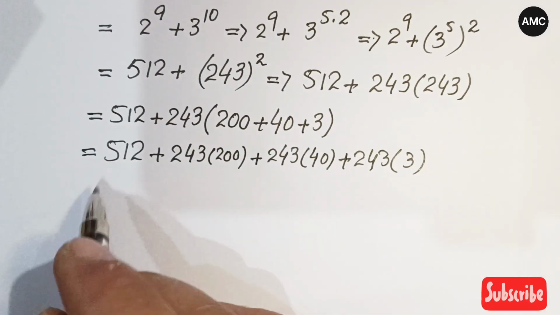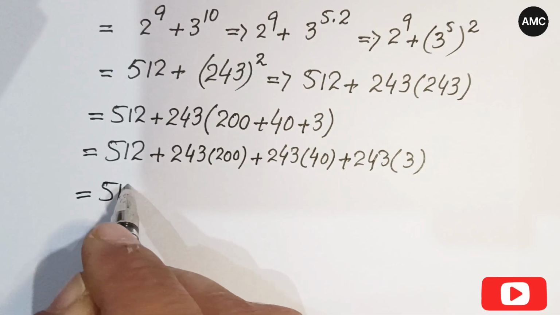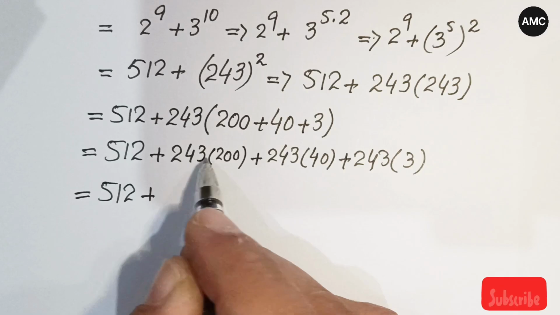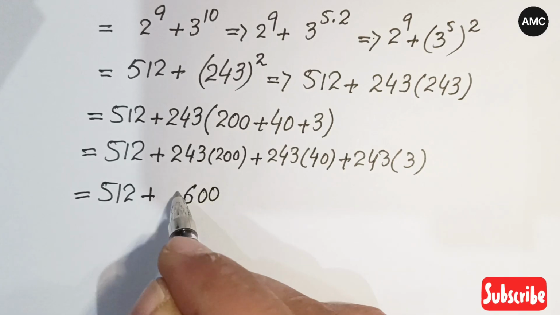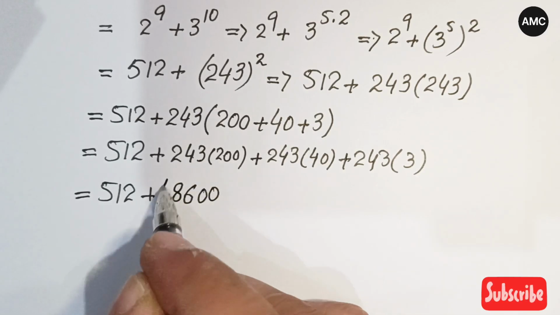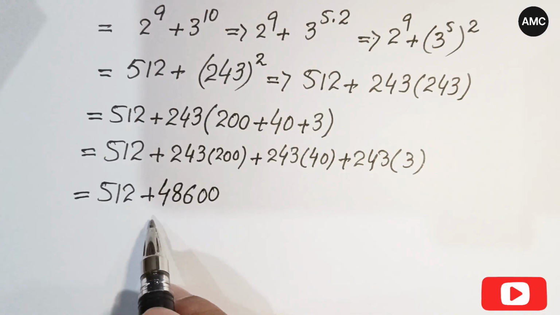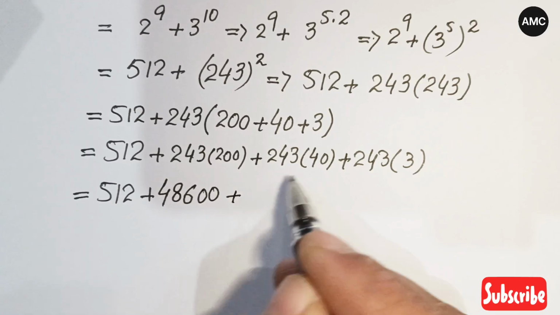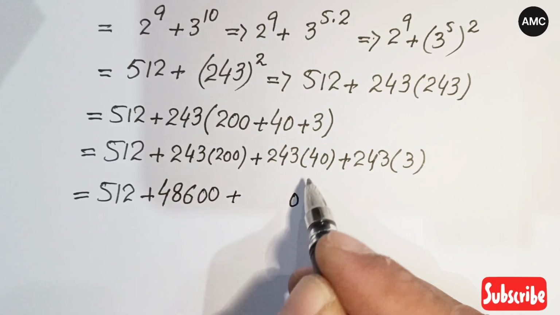So here, 512 plus, here we just write two zeros. 3 times 2 is 6, 4 times 2 is 8, 2 times 2 is 4. So we have 48 and 600 here. So plus, here we just put 0 here.